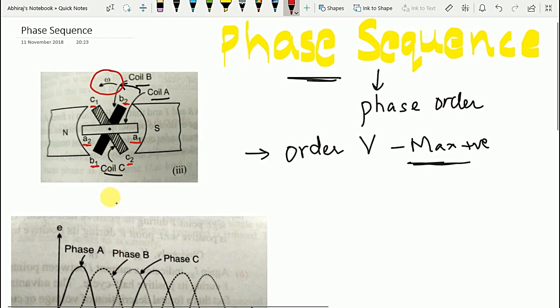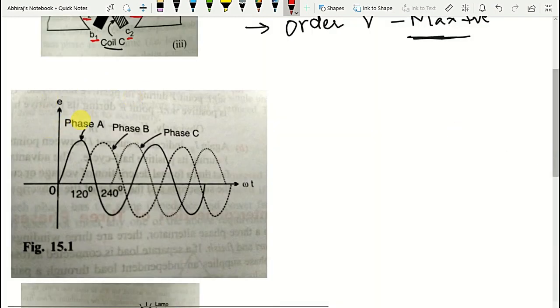You can see this from the wave diagram of the three-phase voltages. Here coil A, or phase A, obtains its maximum positive value first, coil B obtains its maximum next, and later it is followed by phase C. Each EMF is displaced by 120 degrees from the others.